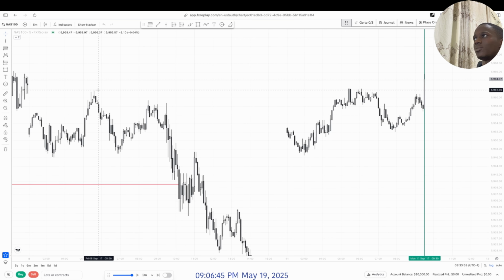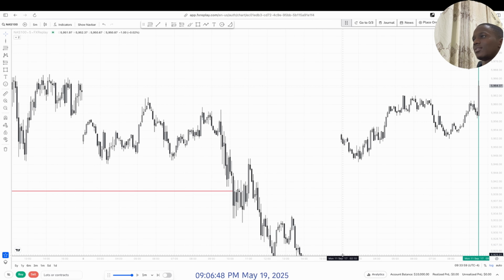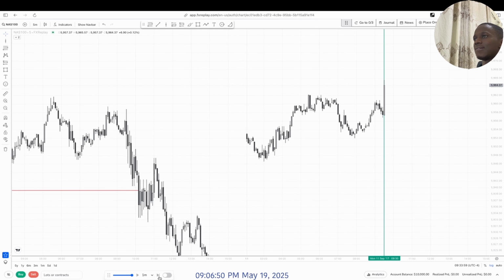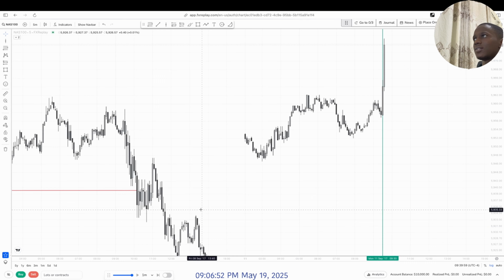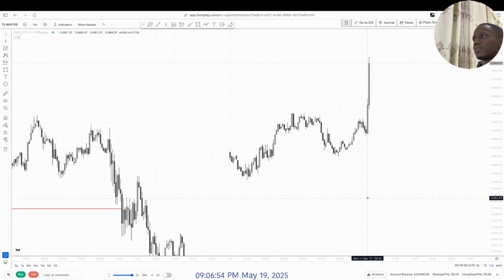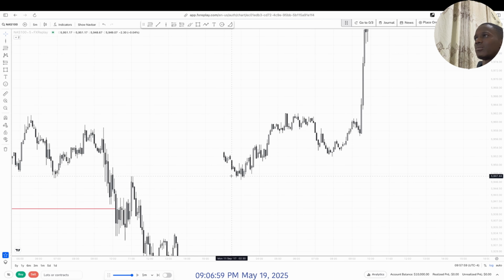So, boom, tagged out. They were taken out, and whoa! First presented fair value gap right here.